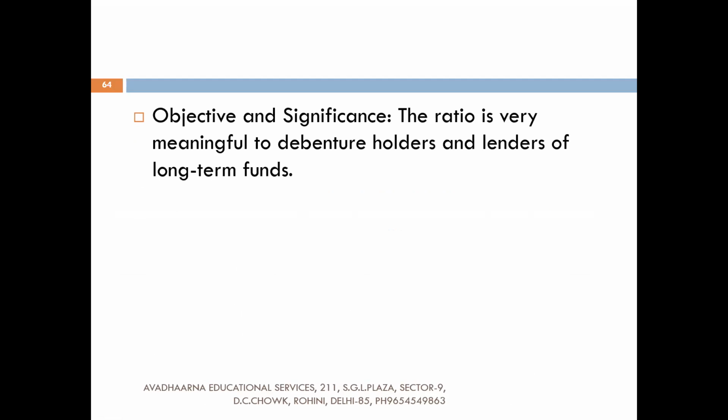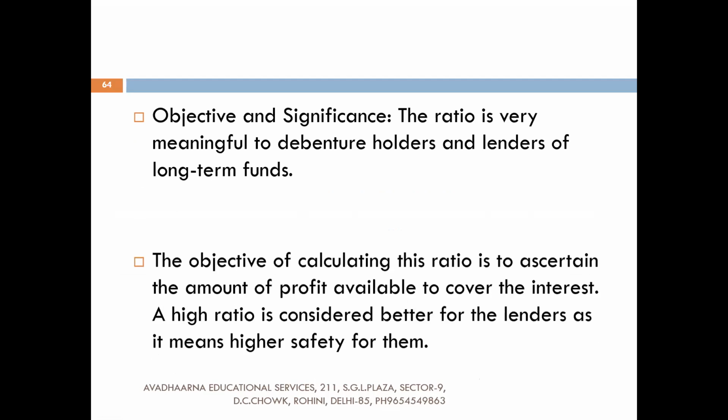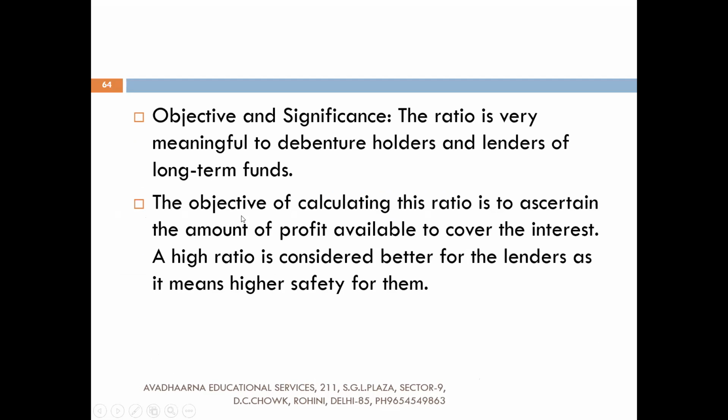The objective and significance behind calculating this ratio is that it is very meaningful to debenture holders and lenders of the long term funds. The objective is to ascertain the amount of profit available to cover the interest.